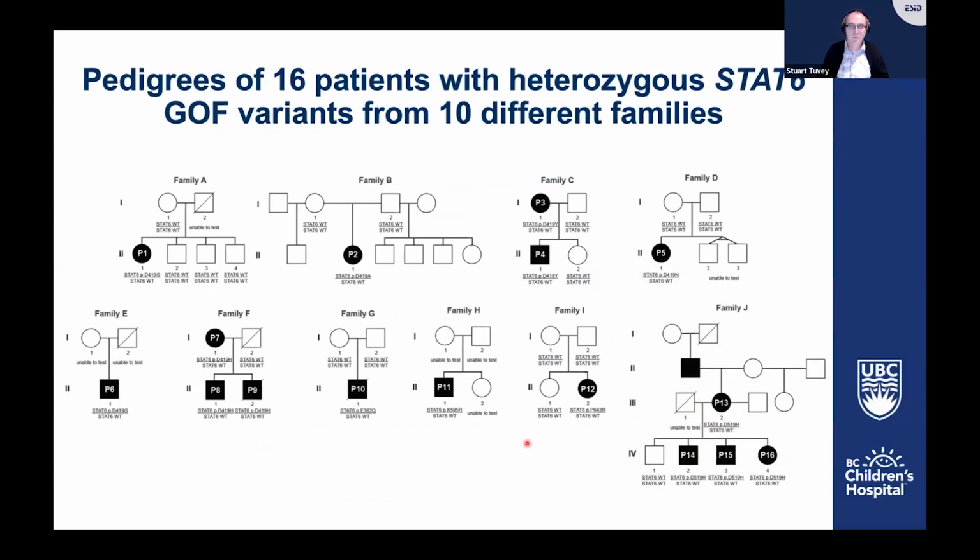But looking more carefully through the pedigree, you'll see that this variant appeared sporadically and was de novo in a good number of patients. And so I think that lack of family history shouldn't dissuade us from pursuing a genetic workup if the phenotype is compelling. Certainly a family history is encouraging, but in about half of these families, the genetic change that we identified was de novo. And so these patients were sporadic cases.